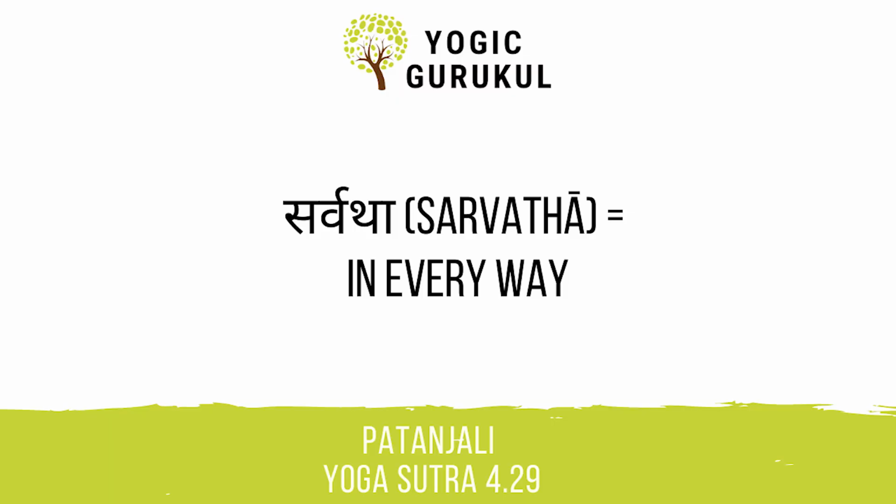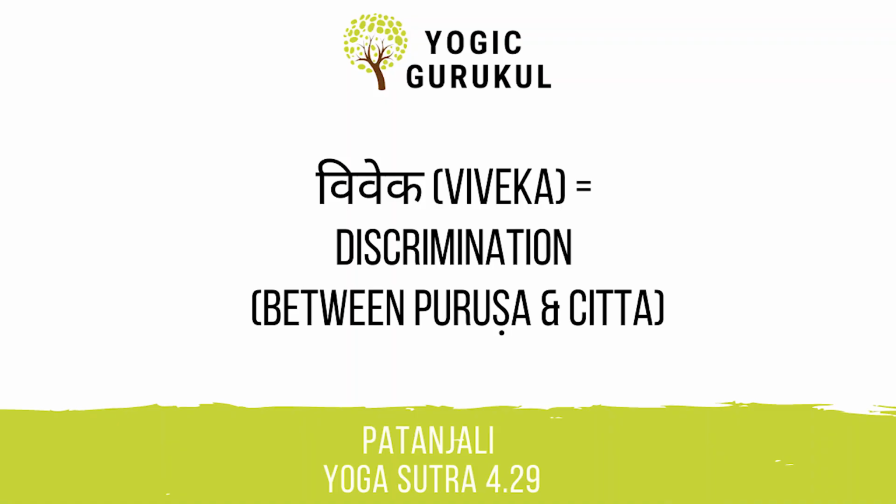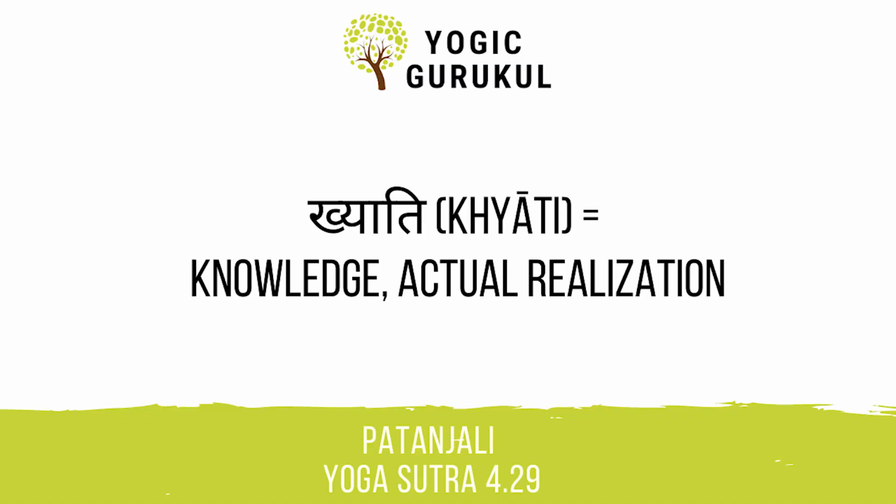Then coming to the next word, we have sarvatha, which means in every way, in every sense of the word. The next word is viveka, which means discrimination between purusha and chitta, or purusha and prakriti. So this is a very essential viveka knowledge that arises in the yoga sadhak. And then we have khyati, of course, which means knowledge or realization.